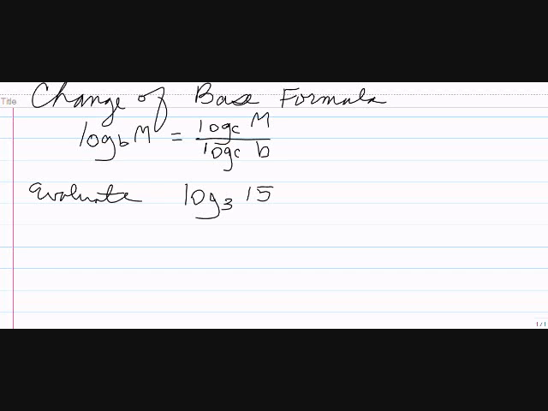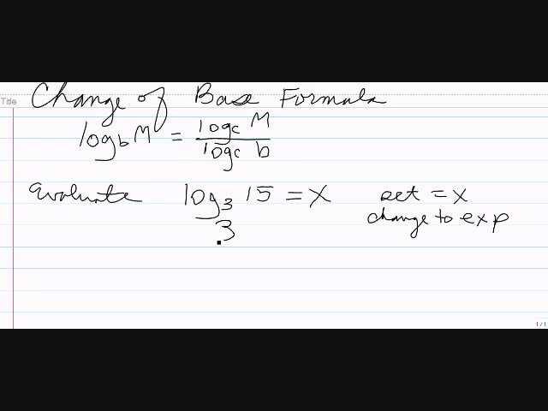And so first thing I do, like we did before, is set this equal to x. And then I'm going to change to an exponential. So first we set equal to x, or whatever variable you want. Then we change to an exponential.